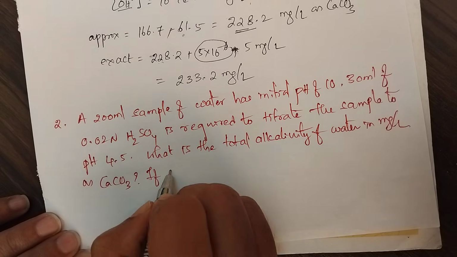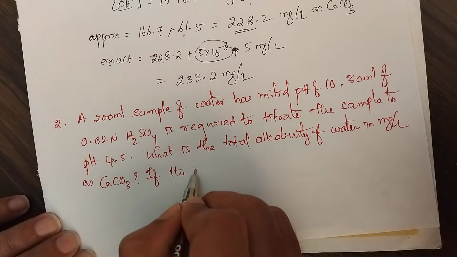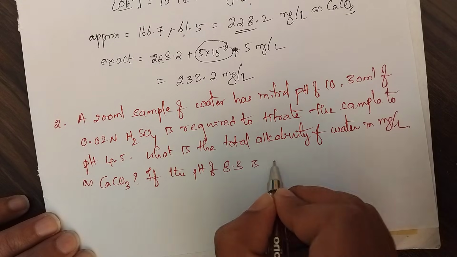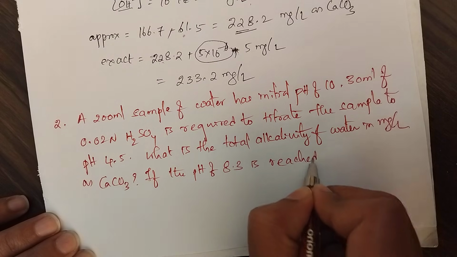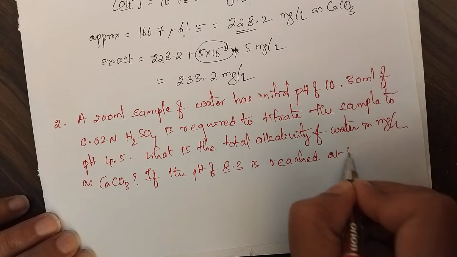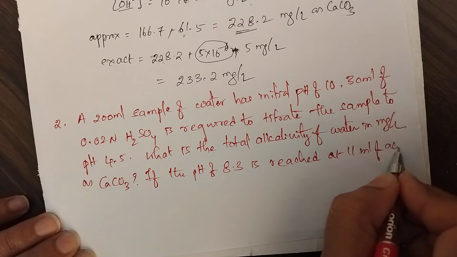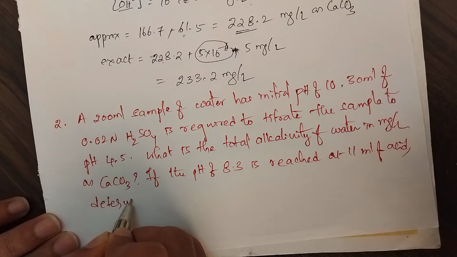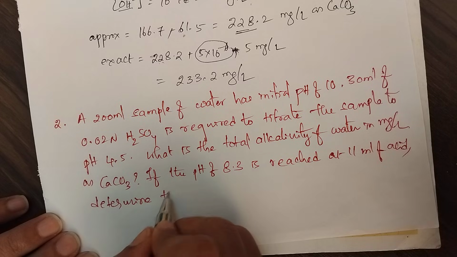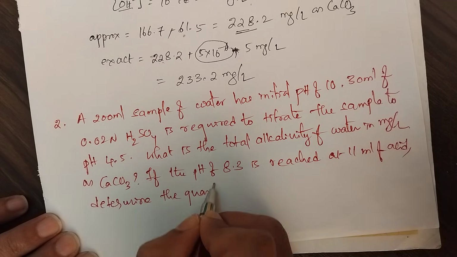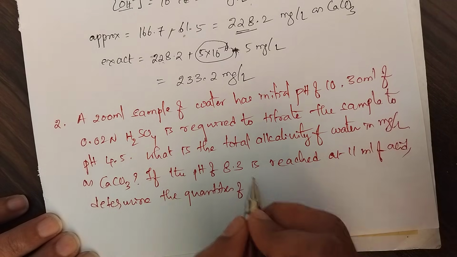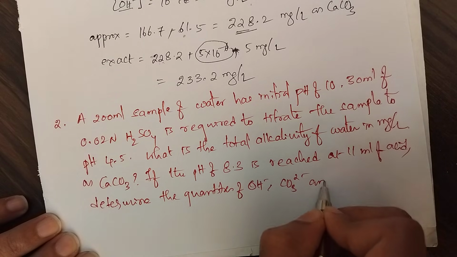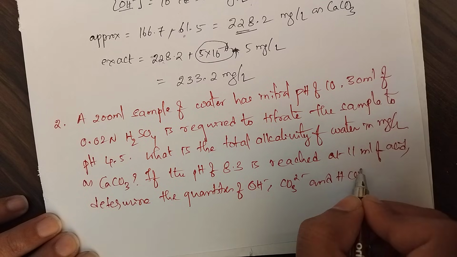The other one is, if the pH 8.3 is reached at 11 ml of acid, determine the quantities of OH minus, CO3 2 minus, and HCO3.